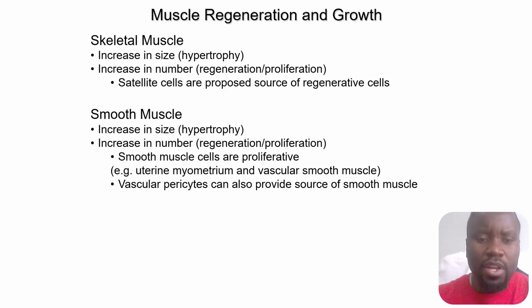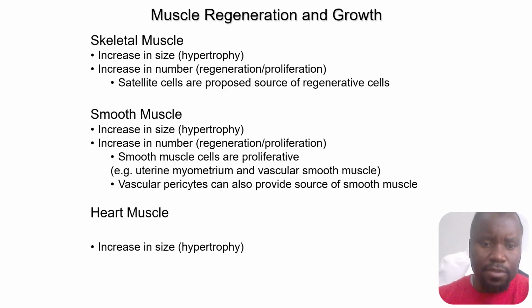For example, the uterus and the vascular, or blood vessel, smooth muscles. In there, the regenerative cells that we have are called pericytes. These pericytes provide a source for smooth muscle regeneration. Remember, skeletal muscle regeneration is from satellite cells, smooth muscle regeneration is from pericytes.